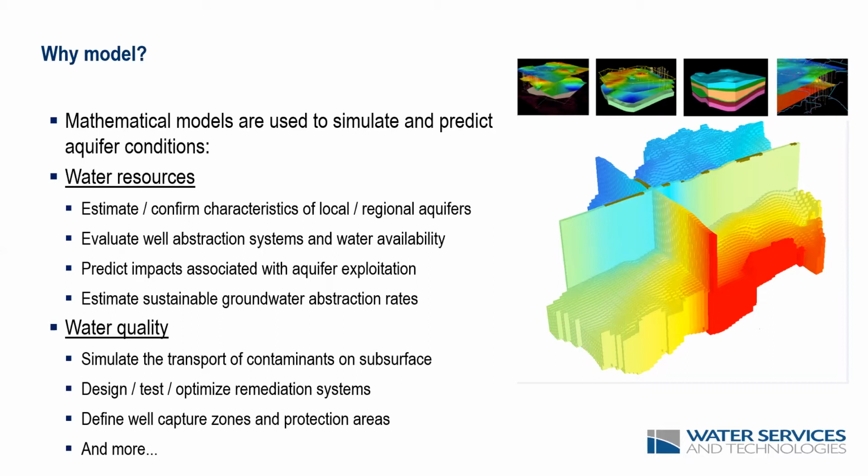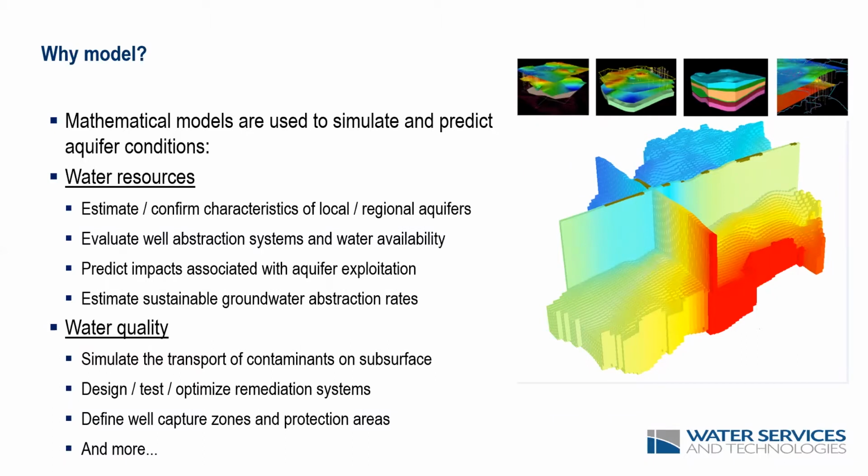We can not only assess how the quality of the water is going to vary over time, presuming we understand its source and how that physical system works, but we can also design and test physical intervention systems, what we refer to as remediation systems, from a reactive barrier or a pumping well to the injection of some chemical substance that will react with the contaminant and neutralize it.